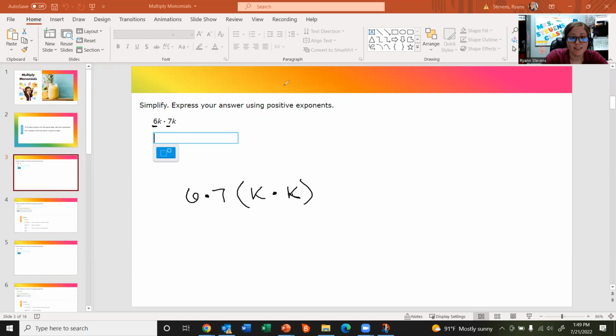So what we are doing is grouping the coefficients and the variables, grouping them together.